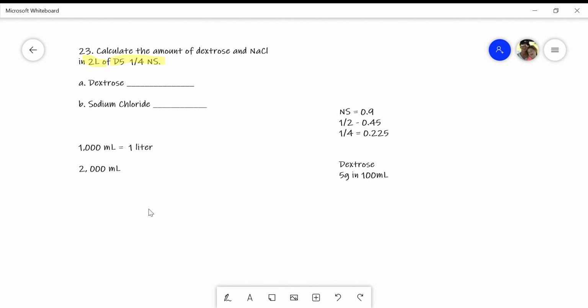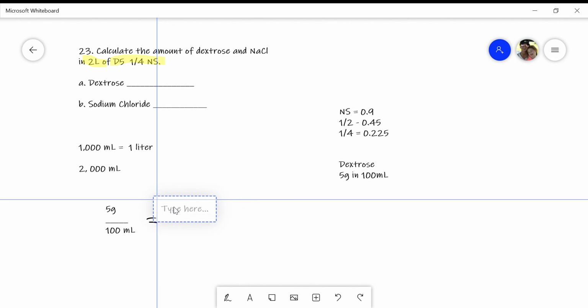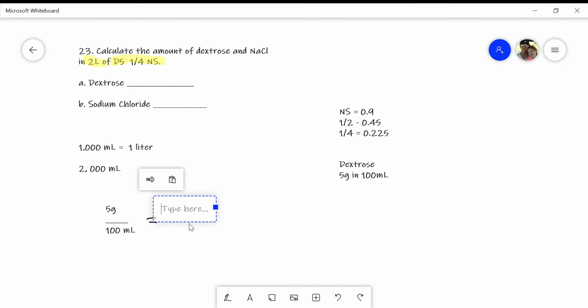So we're going to do the fraction type again. If we know we have 5 grams in 100 milliliters, that equals X grams in 2,000 milliliters.